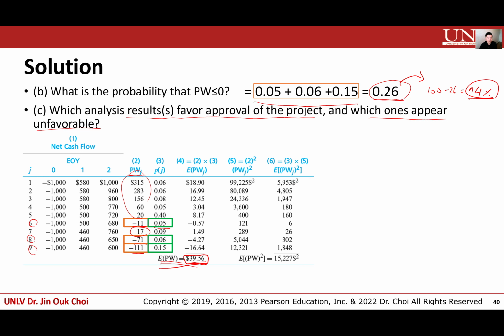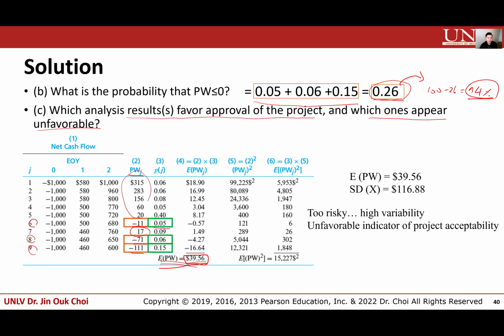And I'm also gonna teach you, so we can conclude that this project is too risky, has too high variability, when we compare the expected value and the standard deviation. A huge portion of the project will end up with negative value, and it is unfavorable.